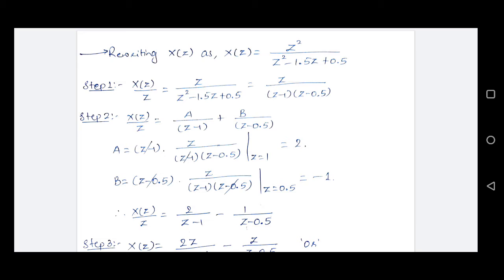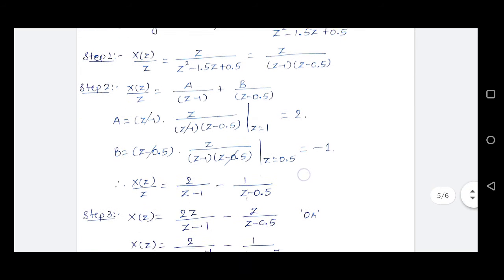Because there are two roots or two poles, we'll assign two residues, A and B. So X(z)/z equals A divided by (z minus 1) plus B divided by (z minus 0.5). Now we'll calculate the values of A and B with the help of X(z)/z.